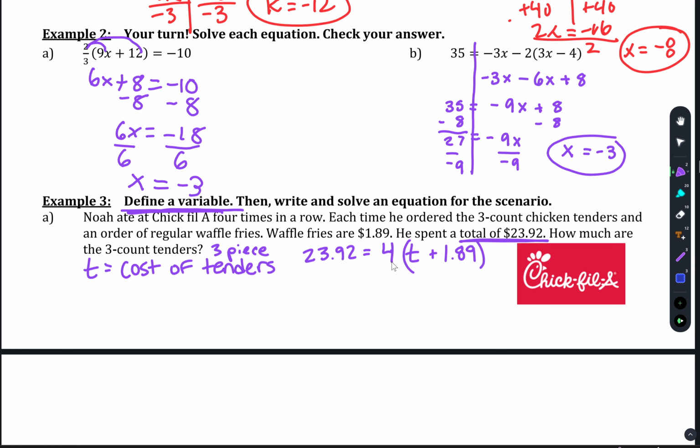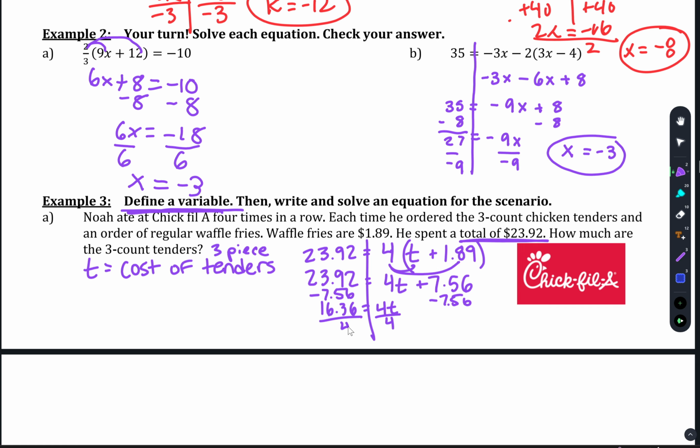So we're going to distribute. 4 times T is 4T. 4 times 189 is 756. Do some subtraction here to get 1636 equals 4T.